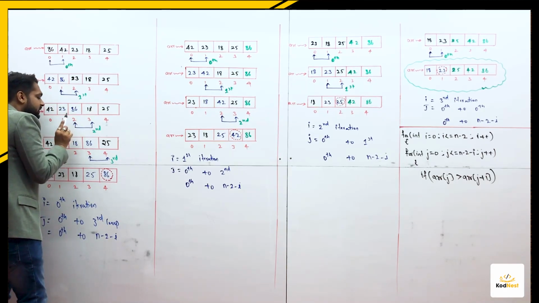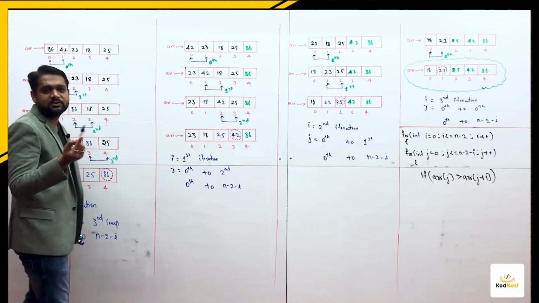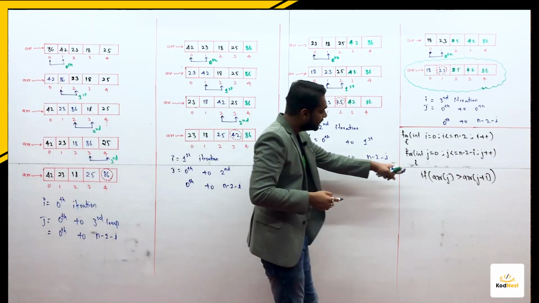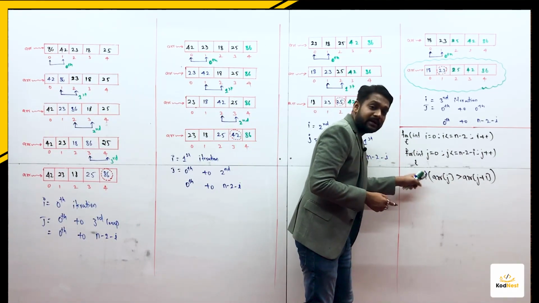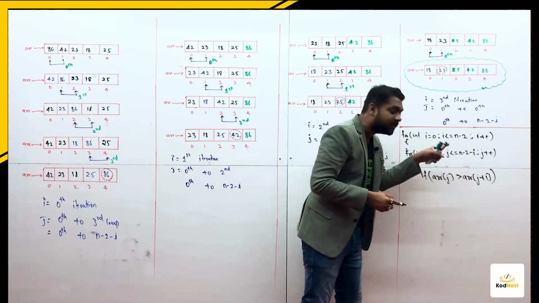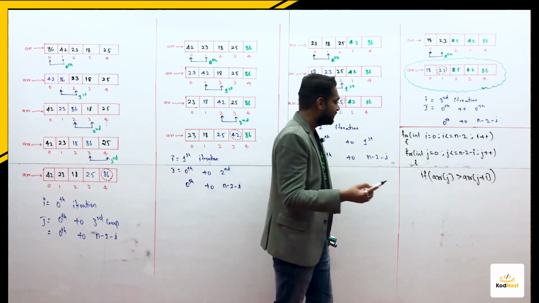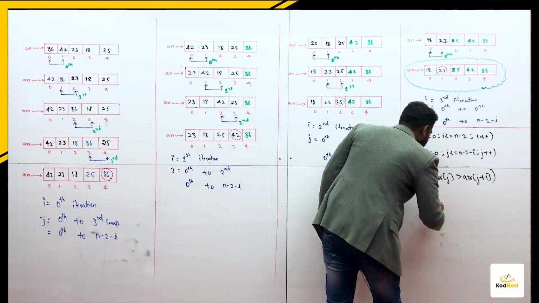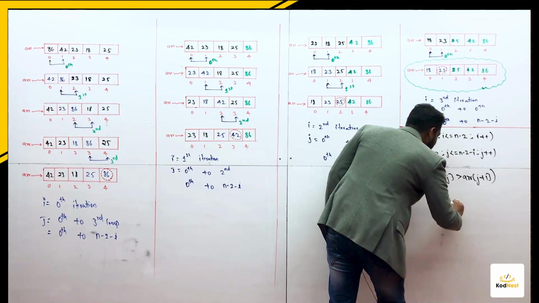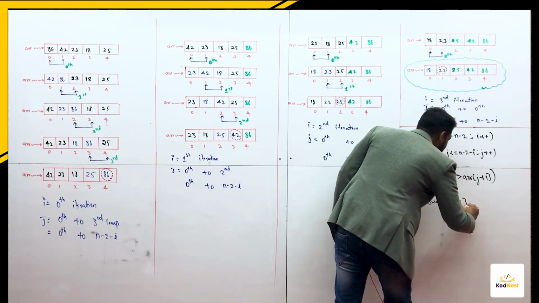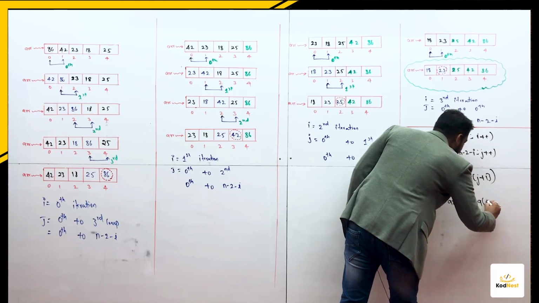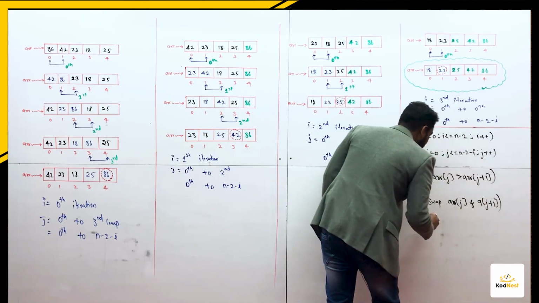If j is 2, the same check. In every comparison, we check whether array of j is greater than array of j plus 1. If it is greater, we swap array of j and array of j plus 1.